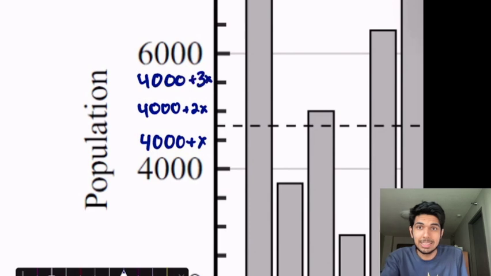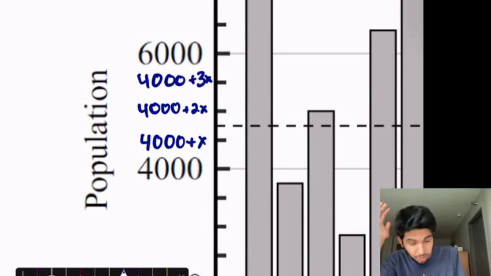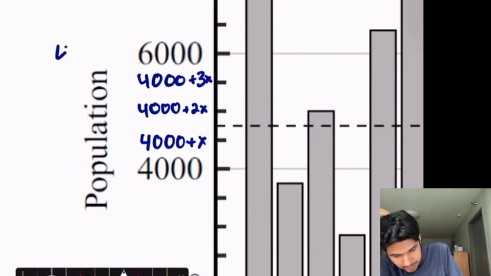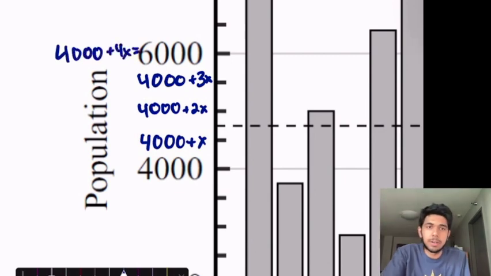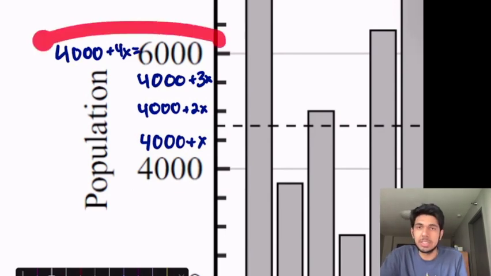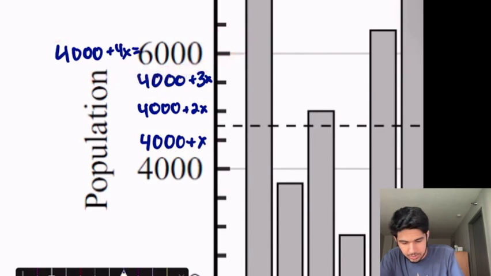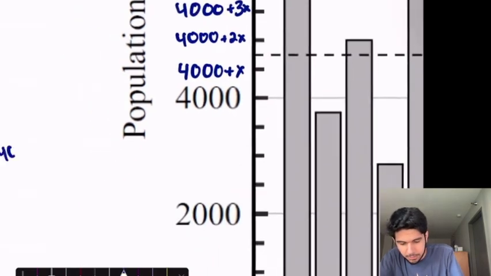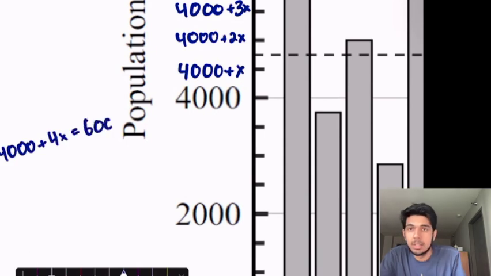And the one where it says 6,000, that's given to us, but we can also say that that's equal to 4,000 plus 4x. Right? It's just adding that extra x amount from the previous one. So now we can solve for this mysterious x value by solving this equation. So let's do it off to the side. 4,000 plus 4x equals 6,000.